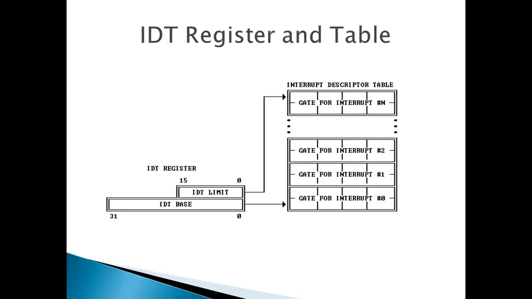But it will be sufficient if you get it as a combined effect, that is the IDT register and the interrupt descriptor table, which will be maintained with different entries, or we can say tables, generated for different types of interrupts.